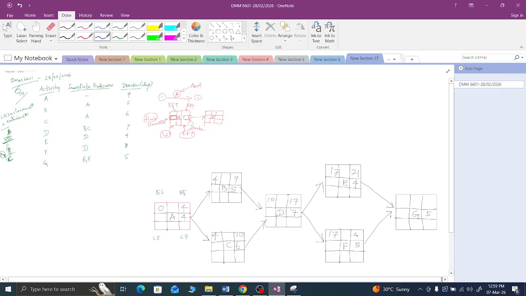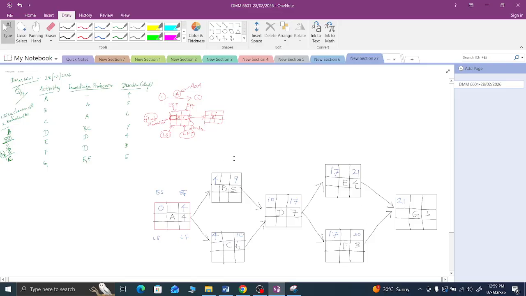Now, which day can you start this one? Same as here, after the maximum one, after completion of E only you can start this. So E is the value. So you have to put 21. Just forget everything else and put the maximum value coming here.